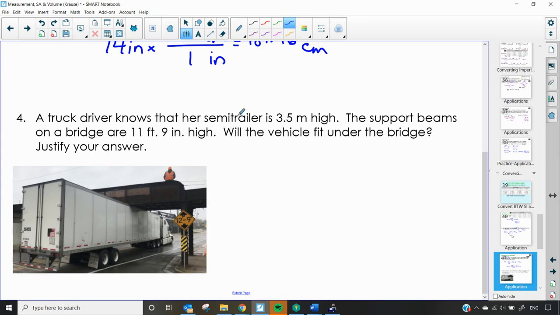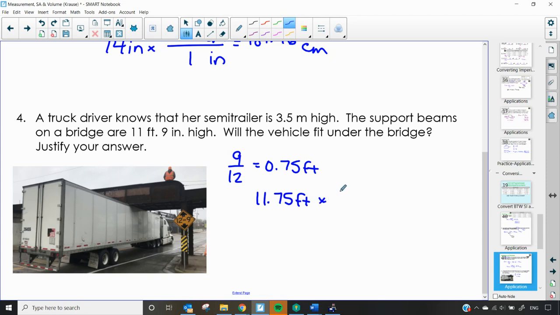We're going to convert feet to meters. So we have 11 feet 9 inches high. 9 inches is 0.75 feet. So 9 divided by 12 inches per foot is 0.75 feet. So that gives us 11.75 feet. And we want to convert that to meters.